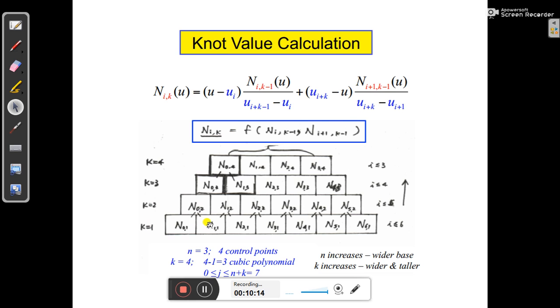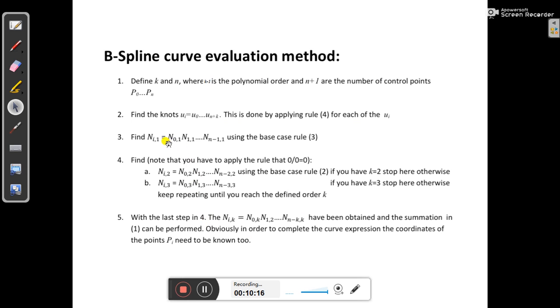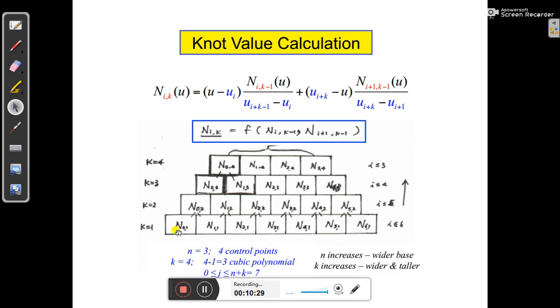Now we have to go through like this, we have to find the N values. For k equal to 1, we have N0,1, N1,1, N2,1, N3,1, N4,1, N5,1, N6,1, because i is less than or equal to 6.